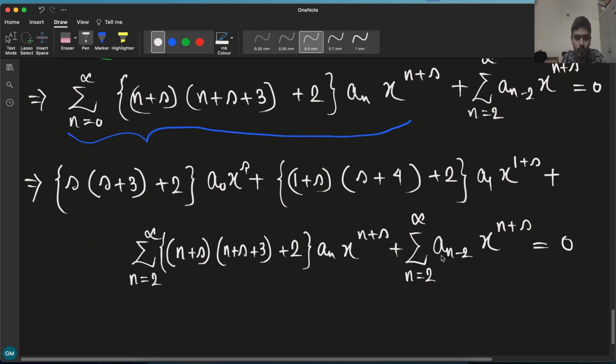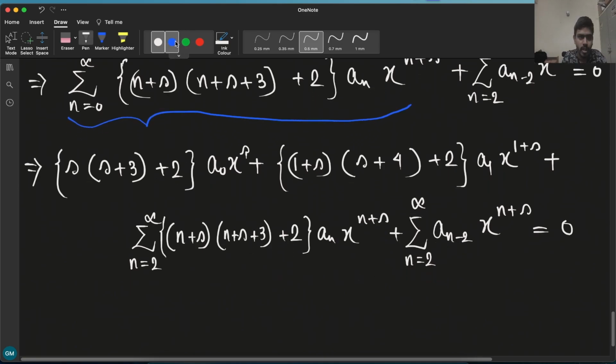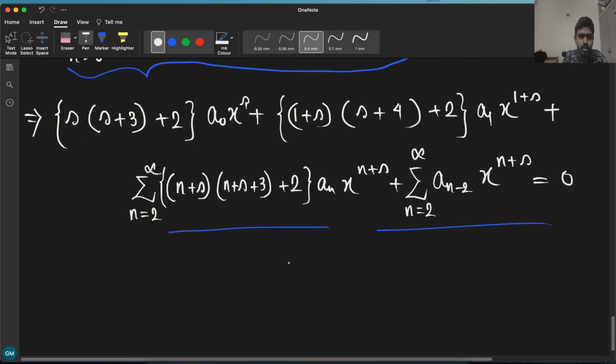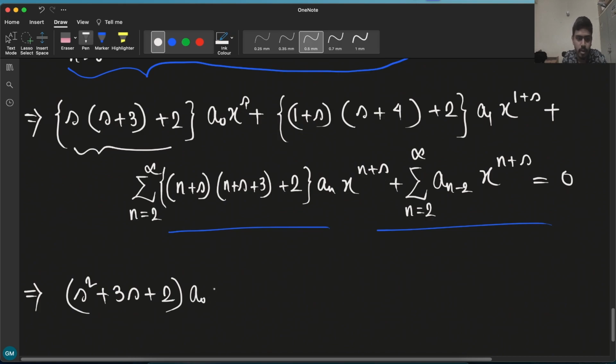Good. So now we can put these two terms together. This term I can write as s square plus 3s plus 2, times a_0 x to the power s, plus this term.